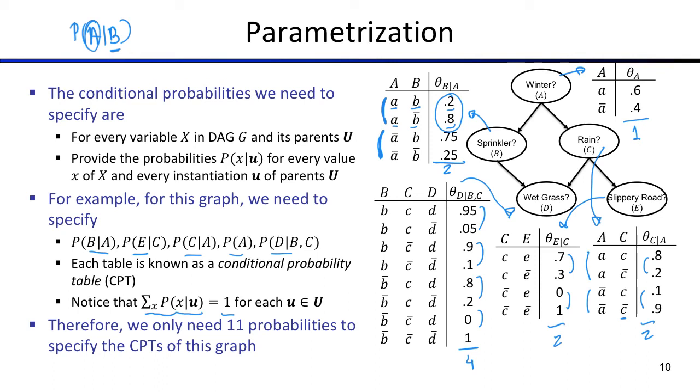We have one distribution for d for each possible assignment for b and c. So here we have b and c being true, we have a distribution for d. Here we have b and not c, and we have a distribution for d. If we have not b and c, another distribution for d, and here we have not b and not c, and another distribution for d.